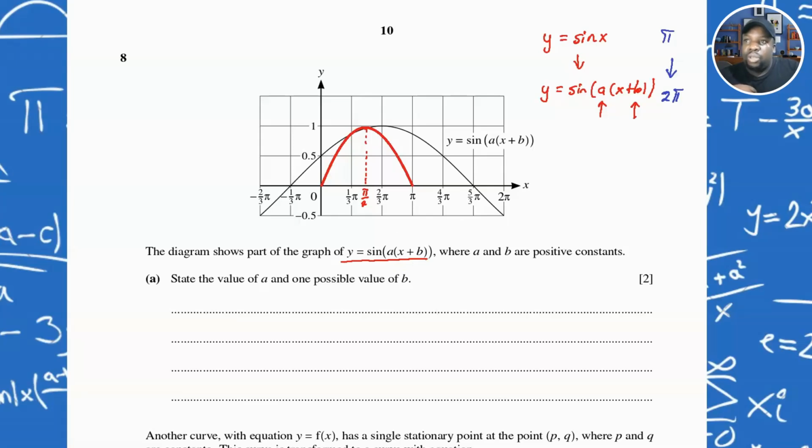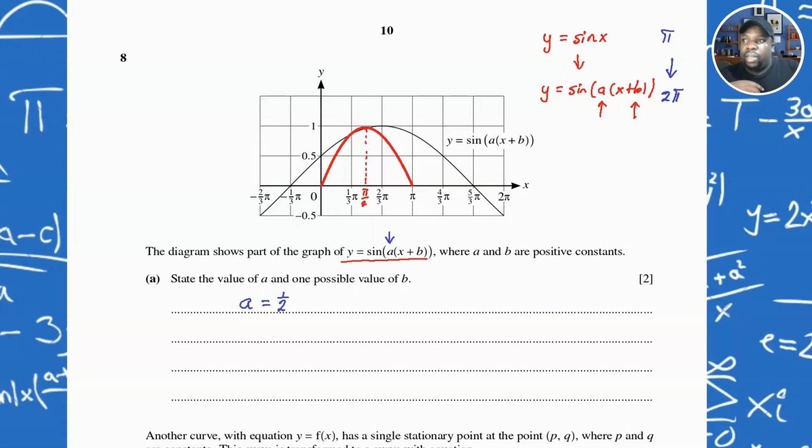That will mean that for our a, which actually represents a stretch parallel to the x-axis, the value of a in the function should be a half. You know how with a stretch parallel to the x-axis, if your graph widens or stretches by 2, then in the function it's 1 over 2.